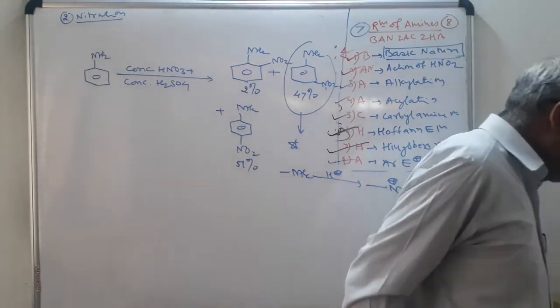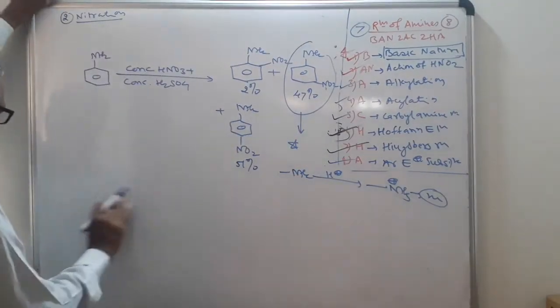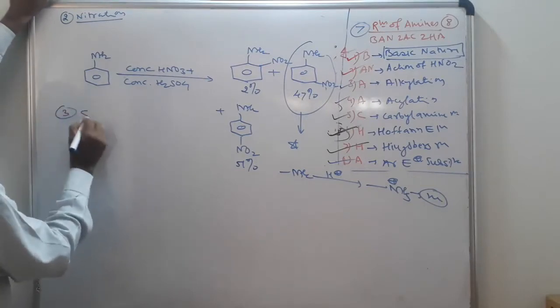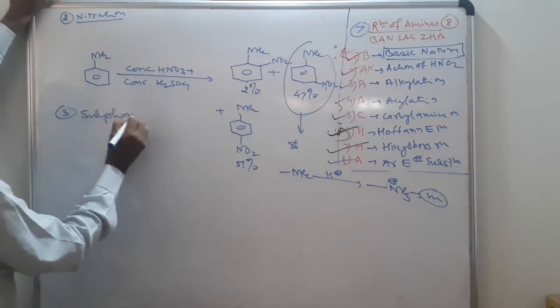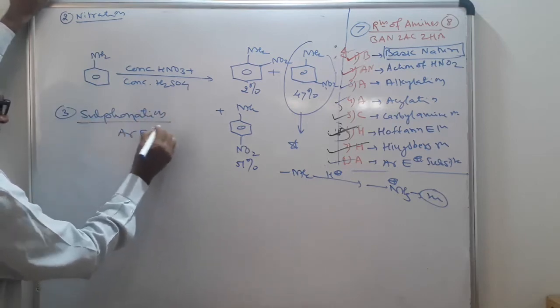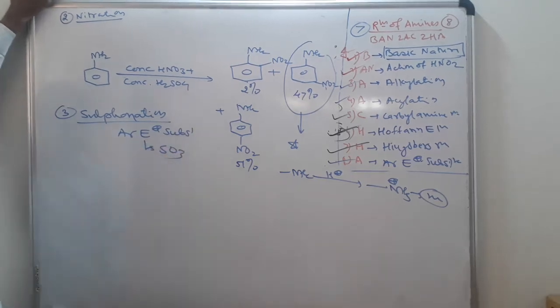Now we will start the next reaction, that is the preparation of these compounds, that is the sulfonation reaction. Third reaction, sulfonation. Again it is aromatic electrophilic substitution. In this case the electrophile is sulfur trioxide.